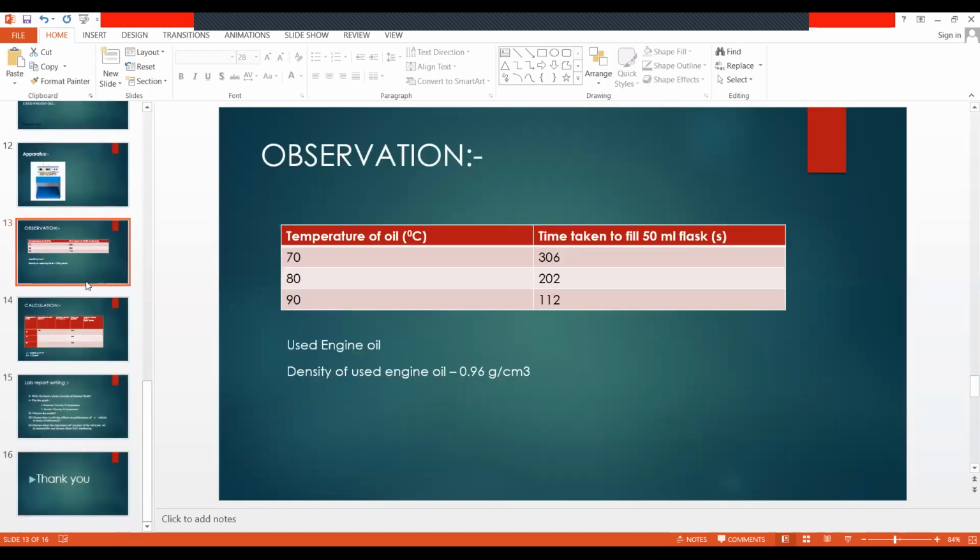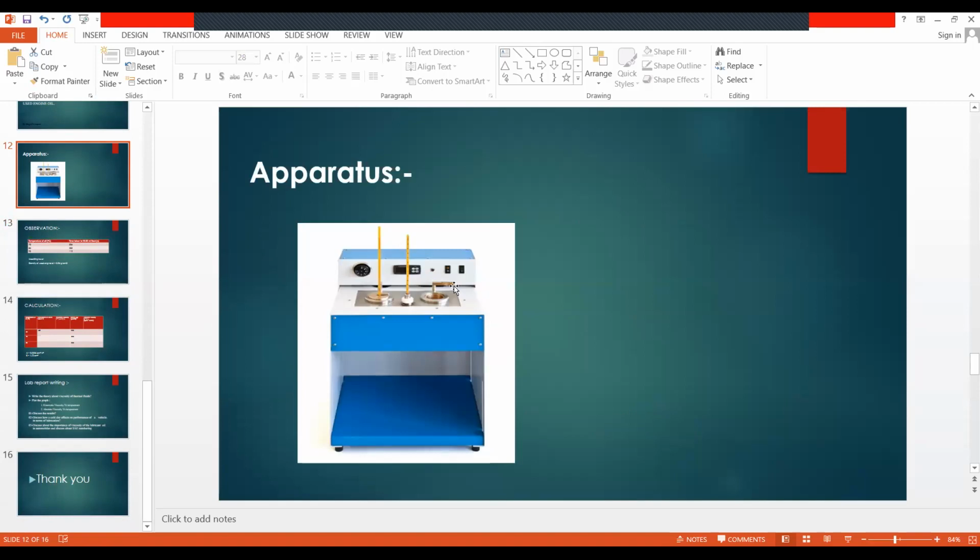The apparatus and everything will be the same, because we are again using the Redwood viscometer. This is the digital Redwood viscometer, similar to what I explained in the last practical.